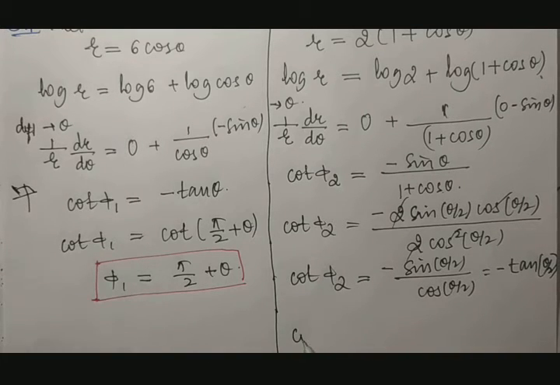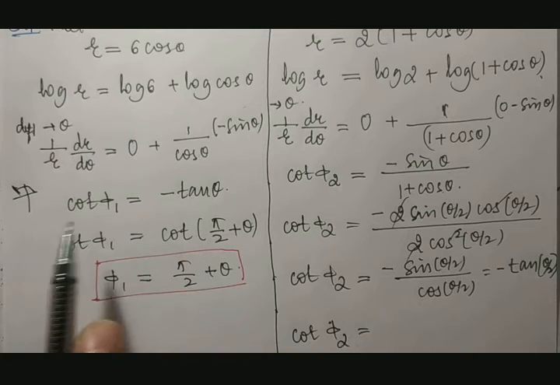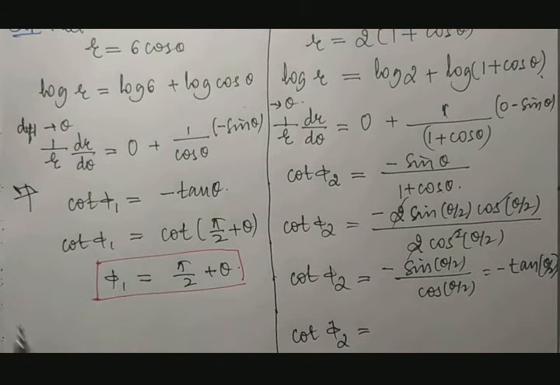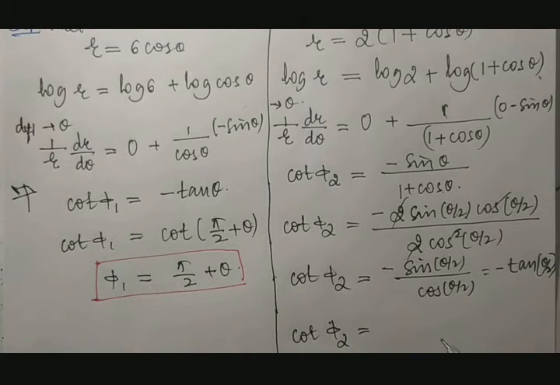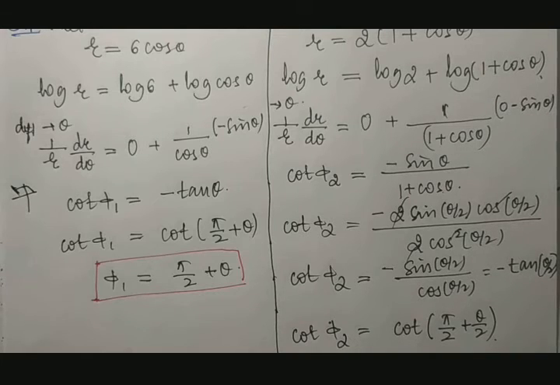Therefore, cot phi 2 is equal to minus tan theta by 2. Here also we got the same thing, minus tan, so again it has to be pushed into the second quadrant, where it will be negative. So it becomes cot of 90 degrees plus theta by 2.